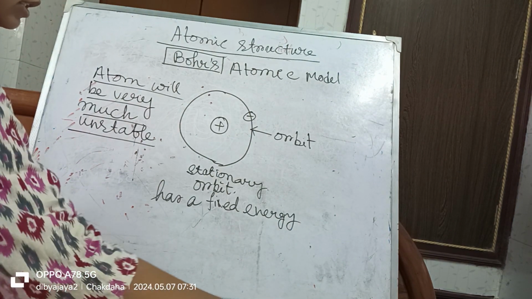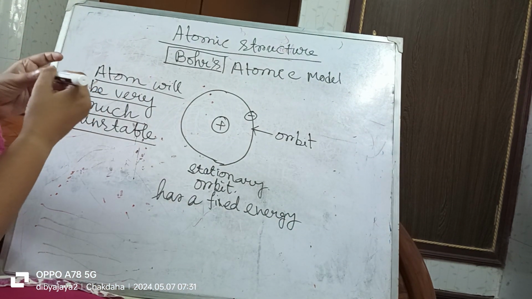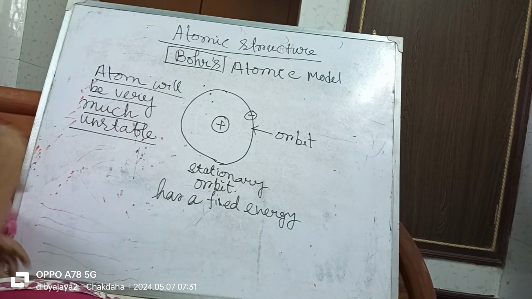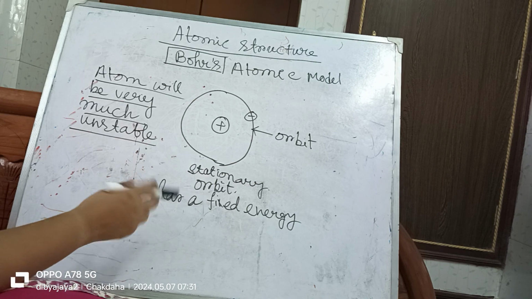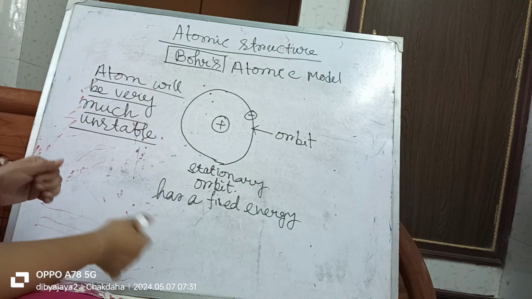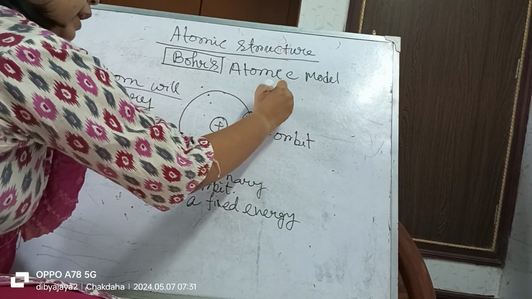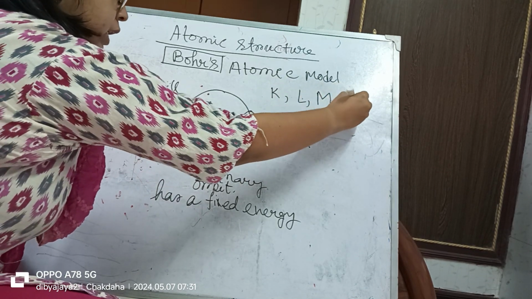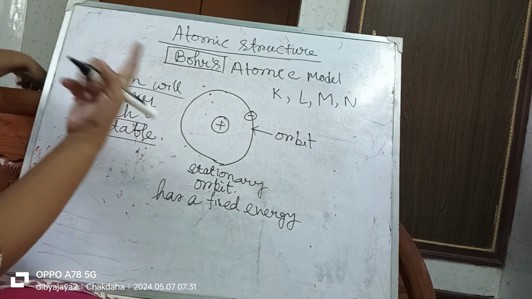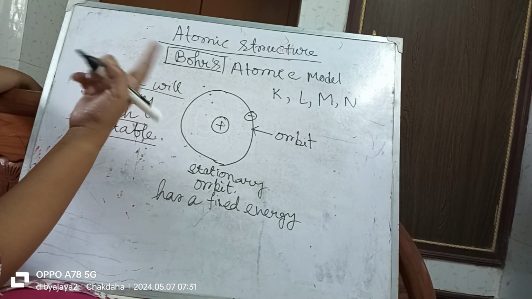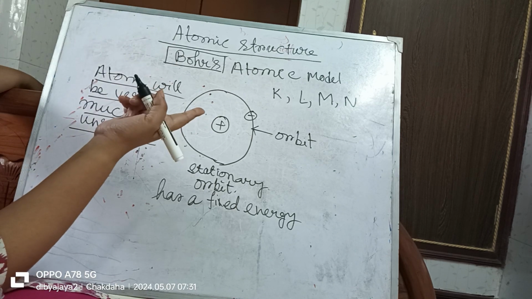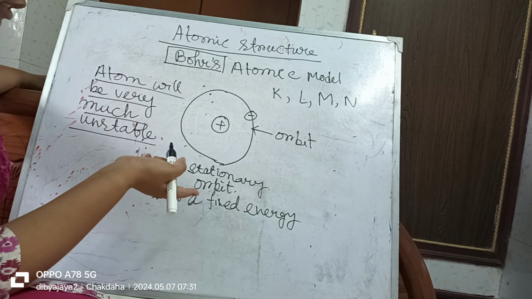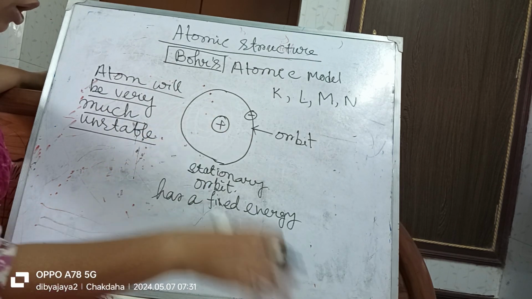In class 8 we discussed that if more than one orbit is present in any atom, we denote them as K orbit, L orbit, M orbit, N orbit. So K, L, M, N each has a fixed energy. Done.